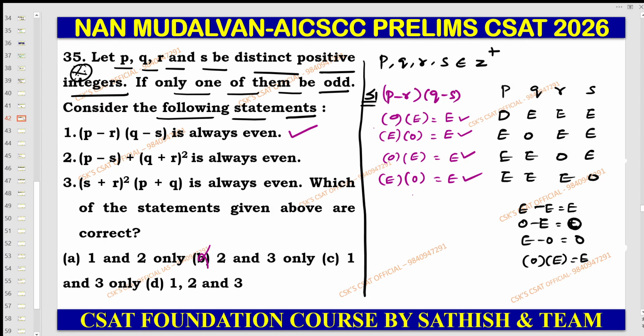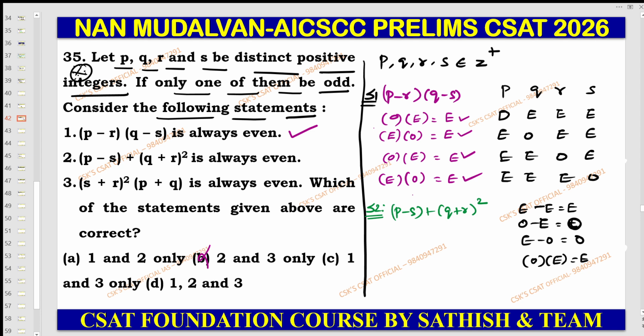So now let's focus on statement number 2. Statement number 2 says always even. Please read it: P minus S plus Q plus R, the whole square. What is P minus S?